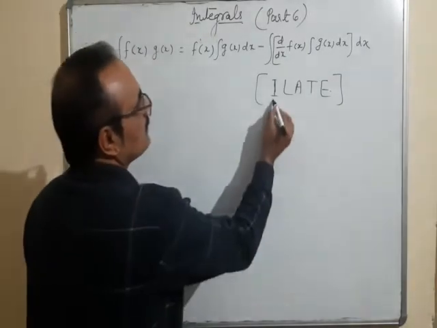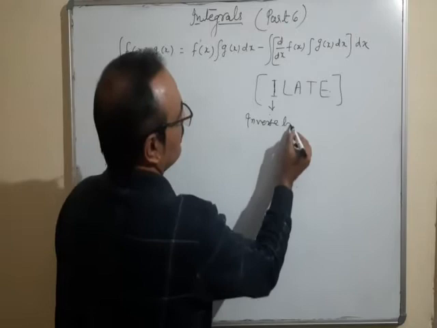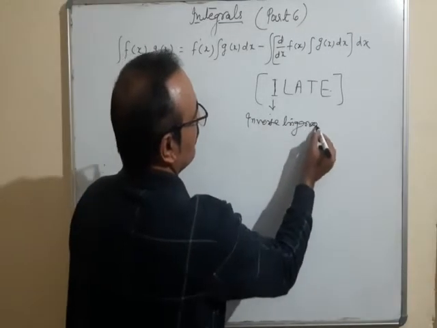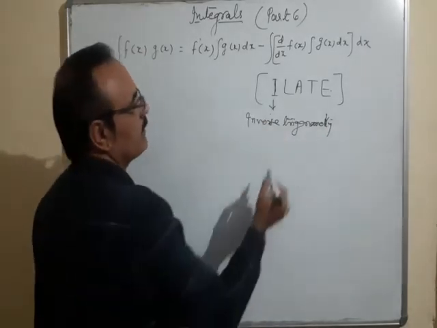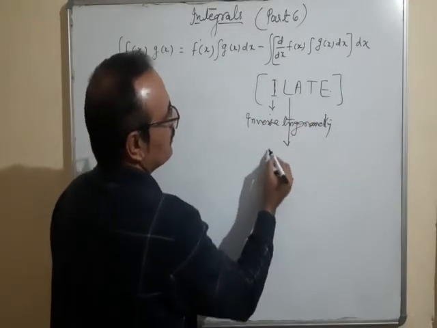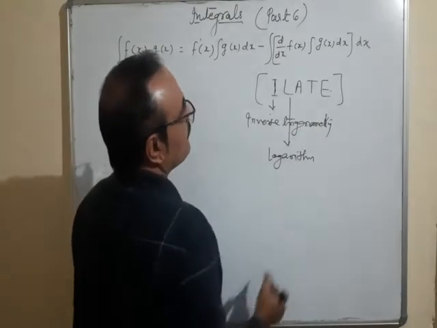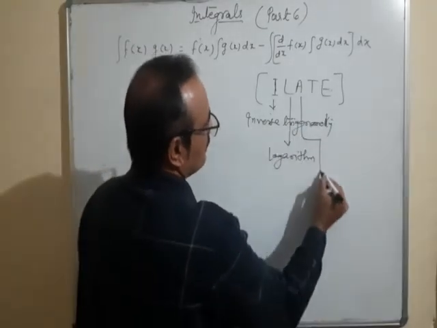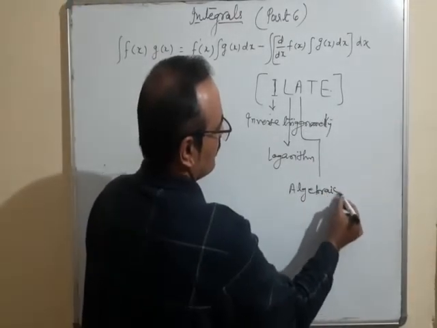I stands for inverse trigonometry. L stands for logarithm. Okay. A for algebraic expression.